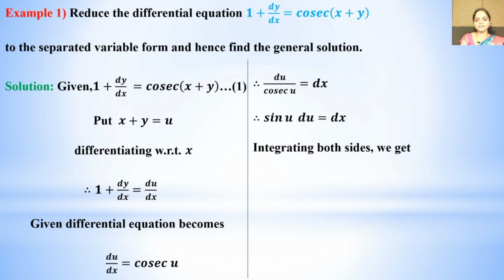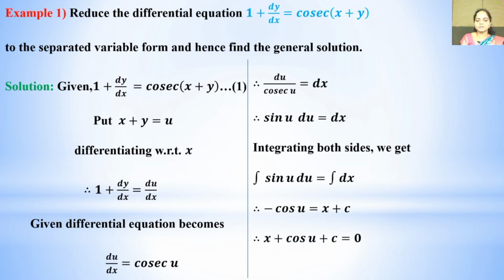On integrating both sides, we get integration of sin u du is equal to integration of dx. We know that integration of sin x dx is minus cos x and integration of 1 dx is x. Therefore, minus cos u is equal to x plus c, where c is the constant of integration. Therefore, x plus cos u plus c is equal to 0.